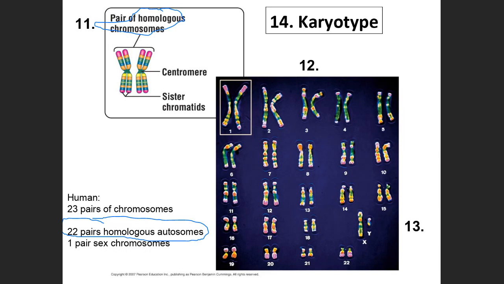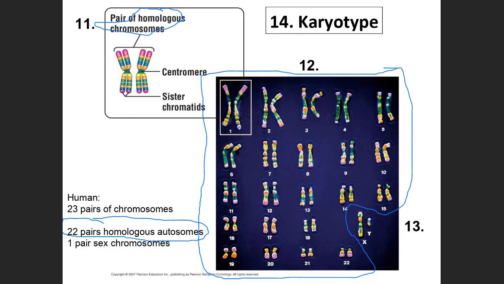So on this chromosome map, chromosome pair 1, the largest, going left to right, top to bottom, down to chromosome pair 22, they are all homologous chromosomes.